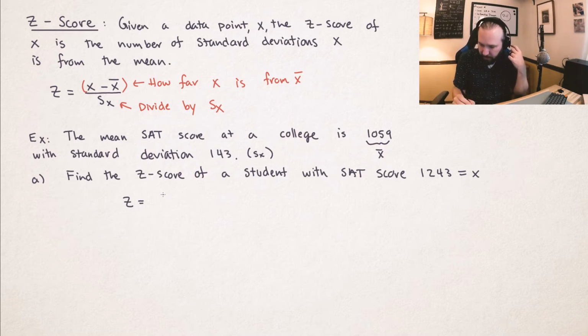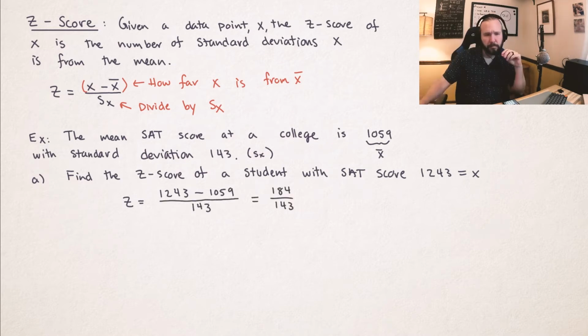So let's just plug this into the z-score formula and see what we get. So x, that's 1243, minus x bar, 1059, divided by 143. Okay, so I think this calculation makes it kind of clear what this formula is doing. The 184 is just how many raw points the student did above the mean.